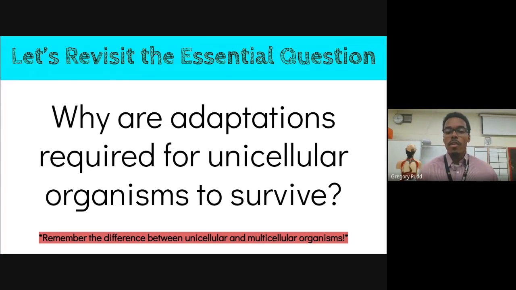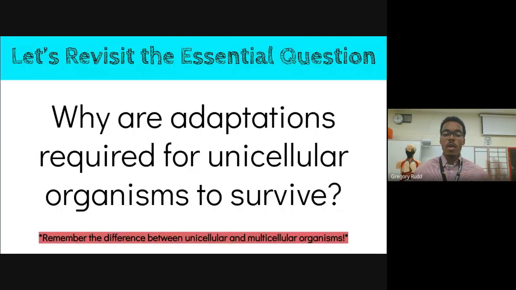So multicellular organisms, like I said at the beginning of the lesson, and Joseph touched on this too, require different organs to survive. My brain does something different than my heart, which does something different than my biceps, which does something different than my stomach. So I have different organs and different organ systems for different functions.